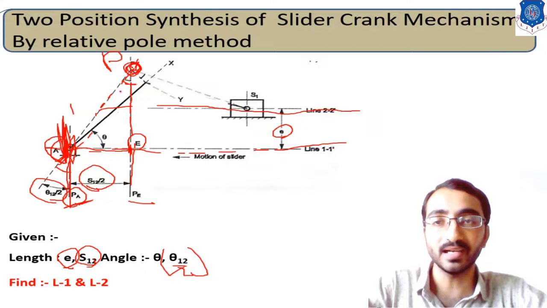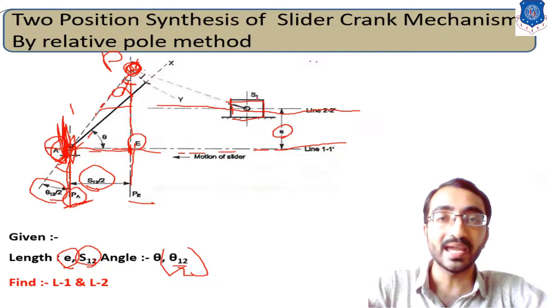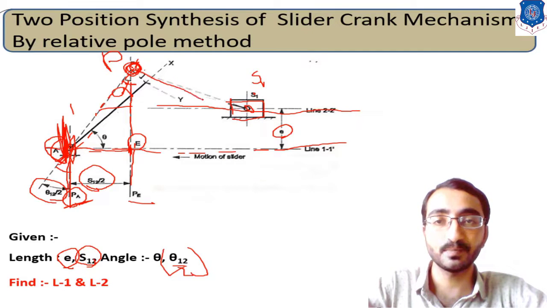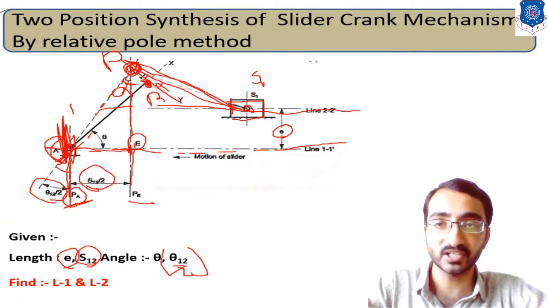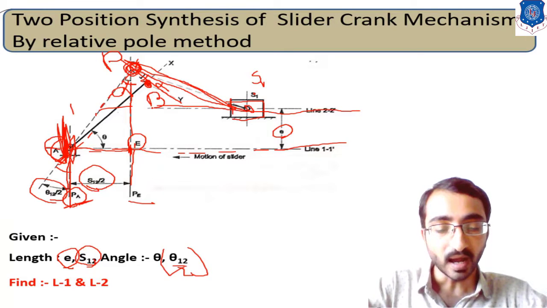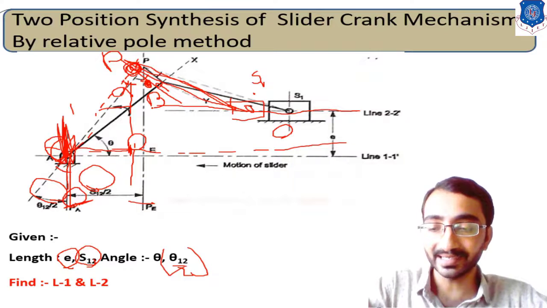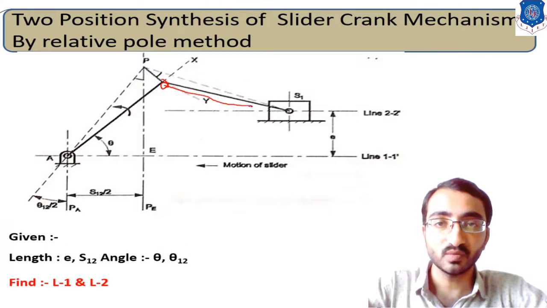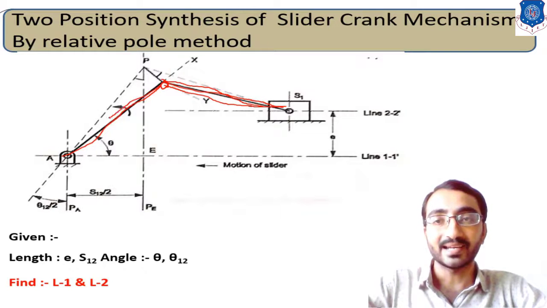Now measure this angle alpha, and take this alpha as your reference angle. Now you have to choose arbitrarily, randomly, on your 2 dash line any point as representing the slider position S1. Now connect this PS1. From this PS1 again take alpha angle as your reference and draw this line which is connecting to this point, which will give you the intersection point B. Now simply connect this B point with your S1 position, and it will give you the lengths of your crank and connecting rod.